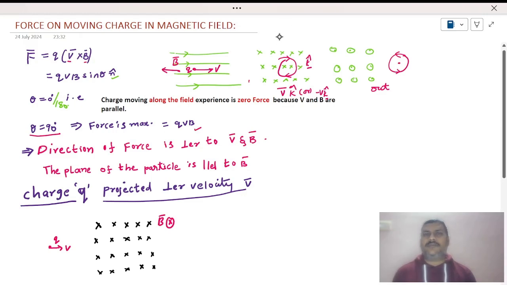If projected perpendicularly, then the force is maximum, equal to QVB. If theta is not equal to 90, the angle is some value other than 90, then you have to understand what I am trying to tell. With some angle I am projecting, the particle experiences some force equal to QVB sin theta.